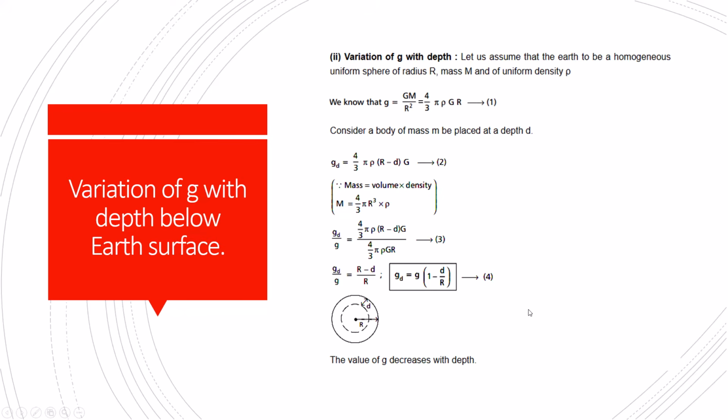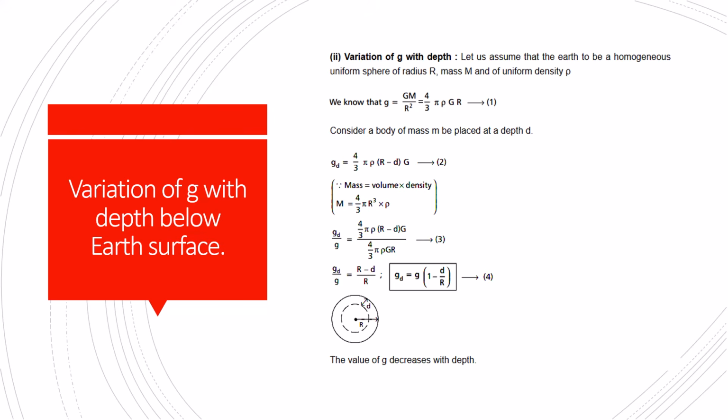So we have derived two equations: one for acceleration due to gravity at height h above the Earth's surface, gh equals g into (1 minus 2h by r), and one at depth d below the Earth's surface, gd equals g into (1 minus d by r), and this g decreases with depth.